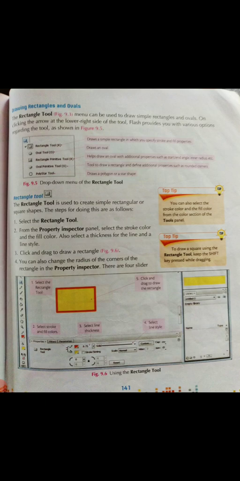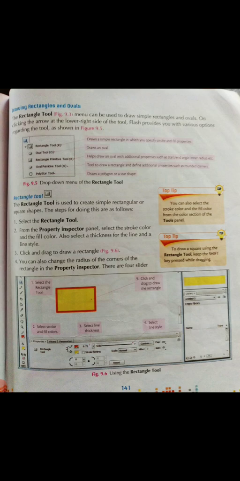Now here, with the help of Flash CS3, how can we make a rectangle as well as an oval? You see, the rectangle tool menu can be used to draw simple rectangles and ovals.